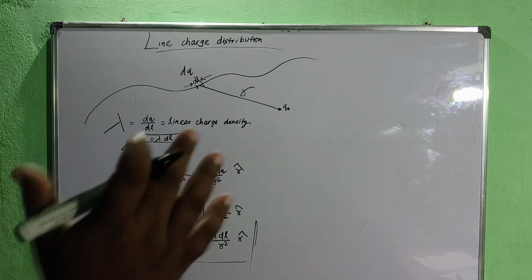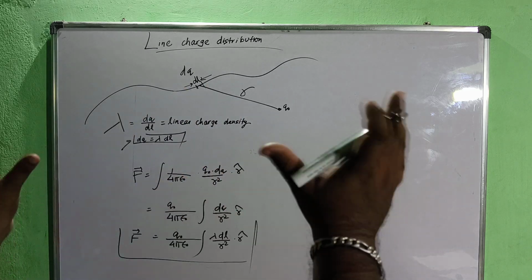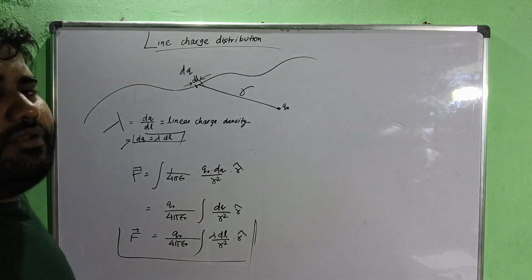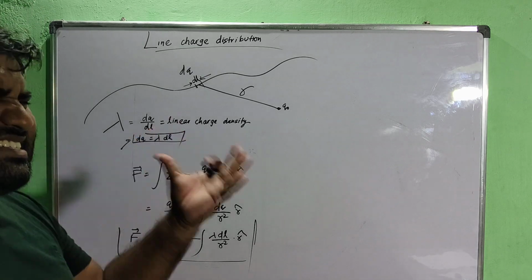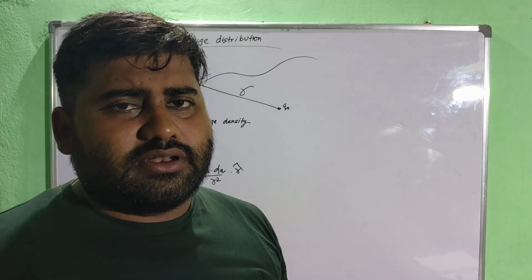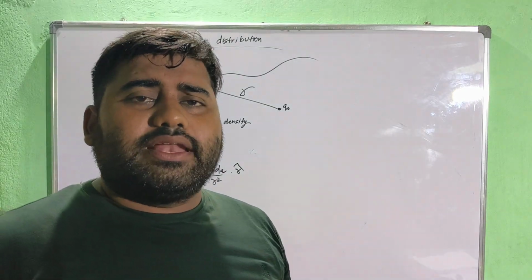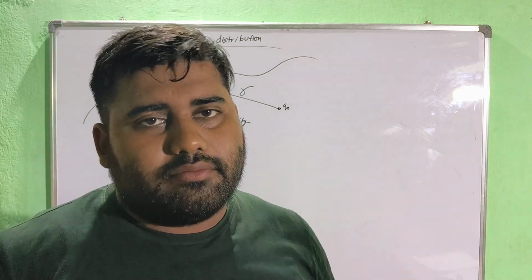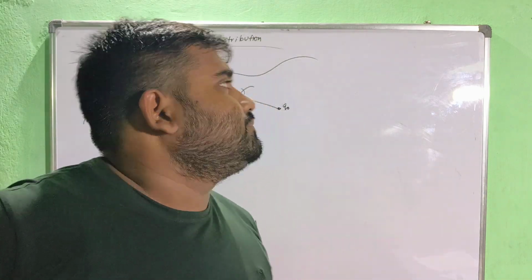So from all of this, what have we learned? For a discrete charge distribution, we need to calculate the electric field of each charge individually and then add them vectorially.